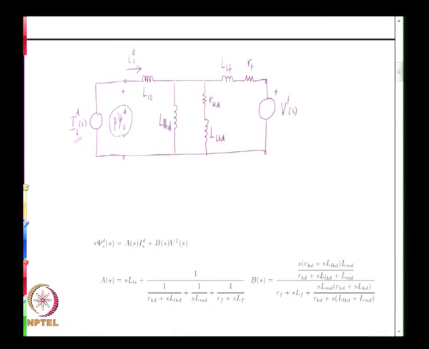This is this impedance. So the voltage available across these 2 is the sum, numerator divided by denominator consists of this plus this, which is what is here, RF plus SLF plus this impedance itself.